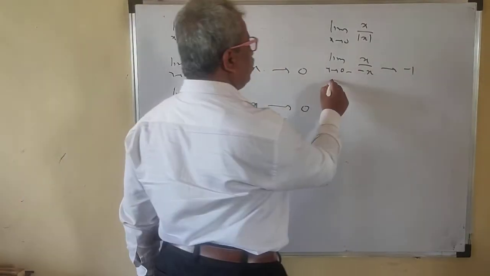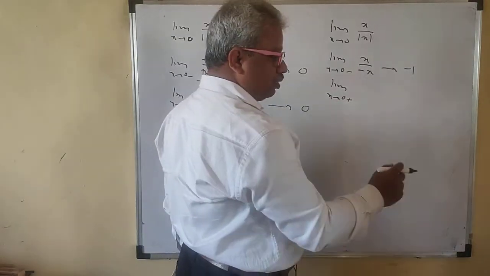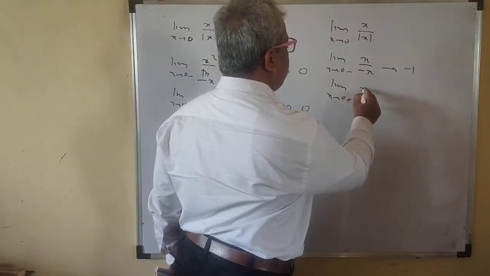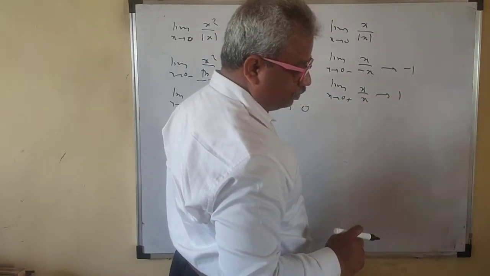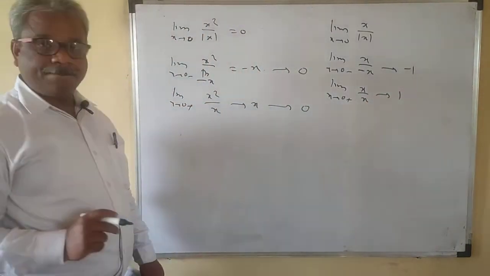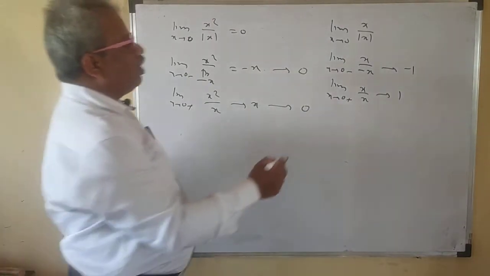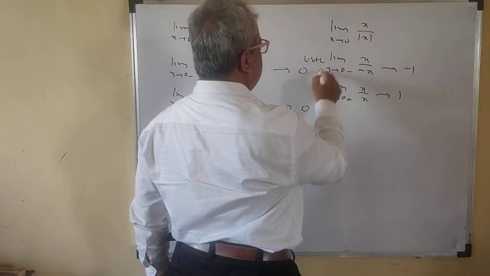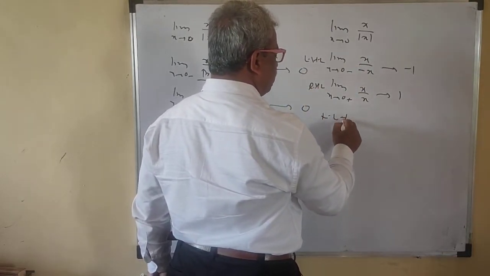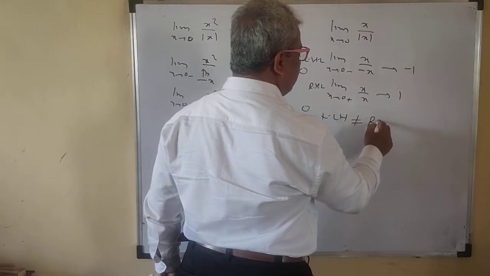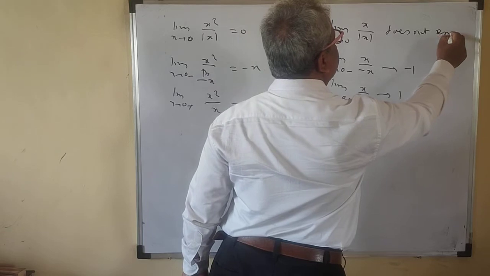If x is positive, that is, x tends to 0 plus, then x upon x is 1. Now this is the left hand limit and this is the right hand limit. The left hand limit is not equal to the right hand limit, so this limit does not exist.